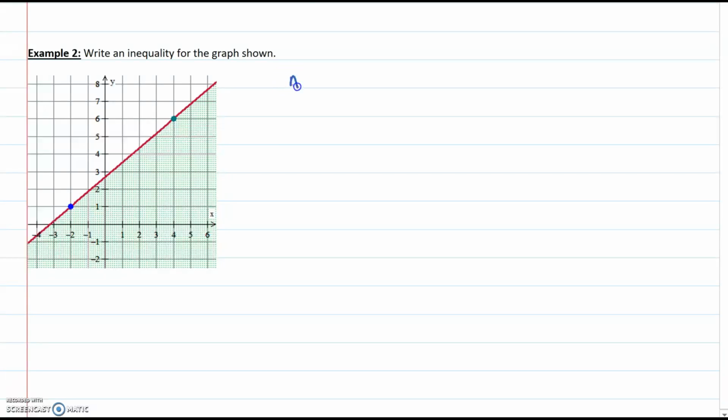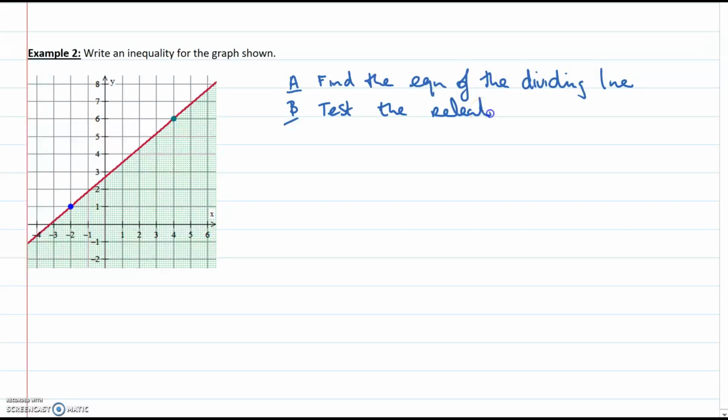The first step is to find the equation of the line, the dividing line, and B is to test the relationship with a point in the shaded area.